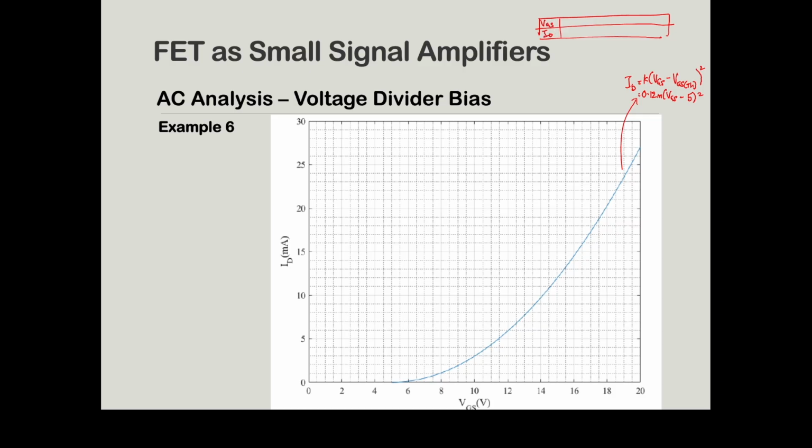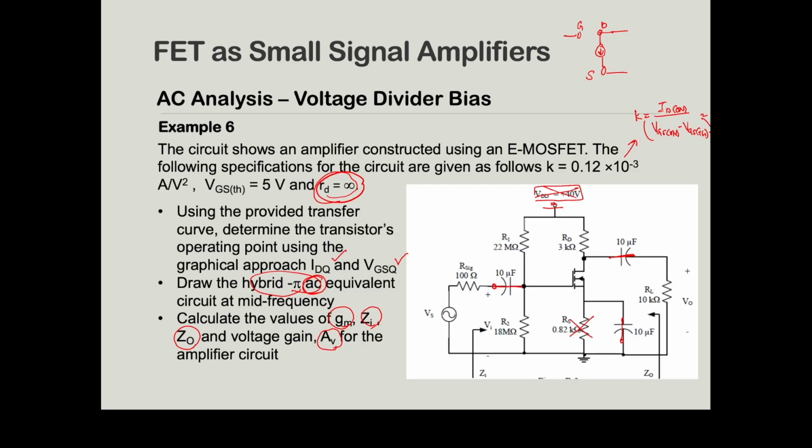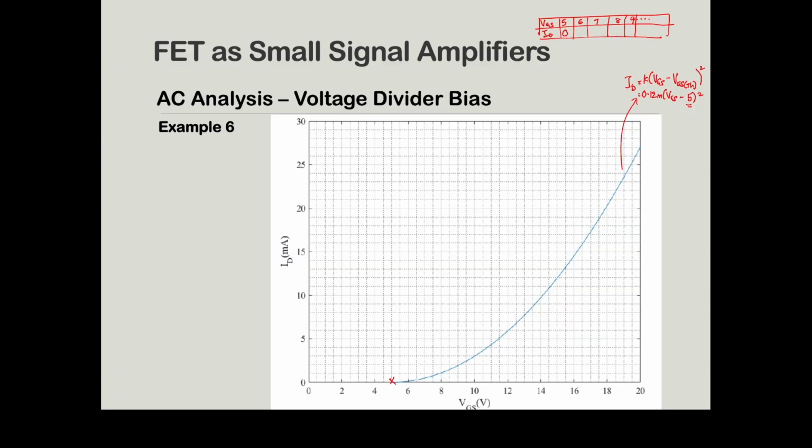The value of VGS should start from the threshold. When it is 5, of course your ID is 0. Then 6, 7, 8, 9, and so on. My suggestion is you follow the value of your VDD. In this case, your VDD is 40. If it's too much, perhaps you can stop at 20.